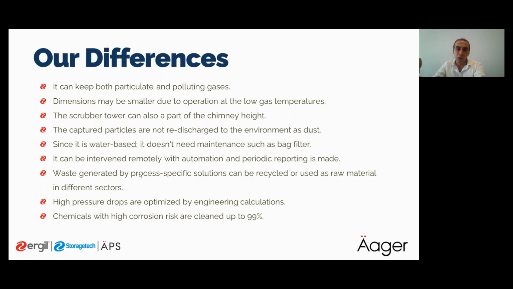It is win-win: they get heat recovery, and also need a smaller unit. Also, the scrubber tower can use part of the chimney heat, and the captured particles are not discharged from the chimney as dust to the air.